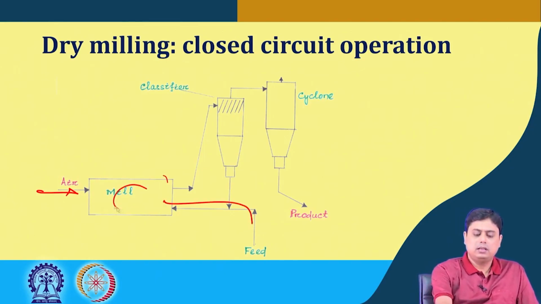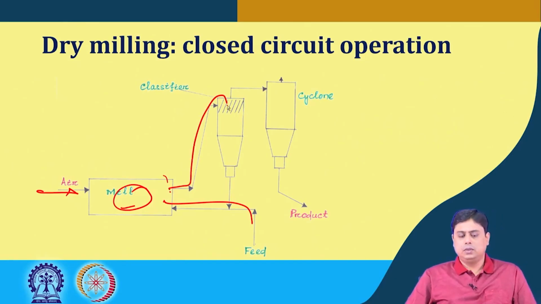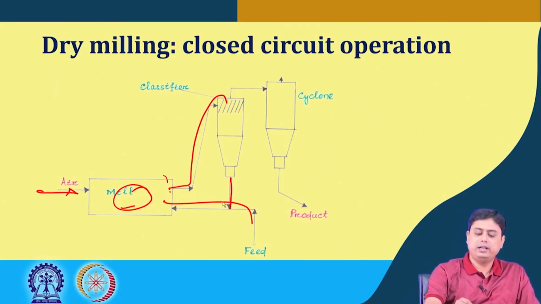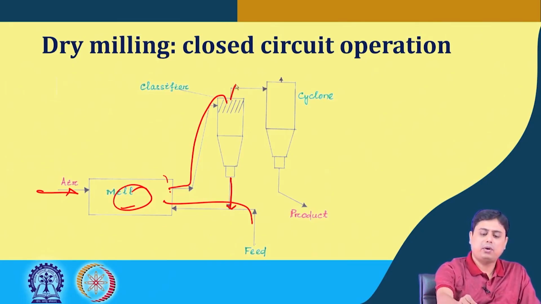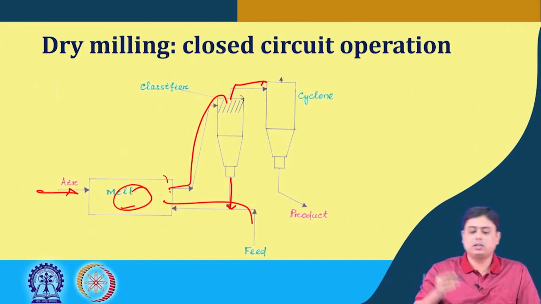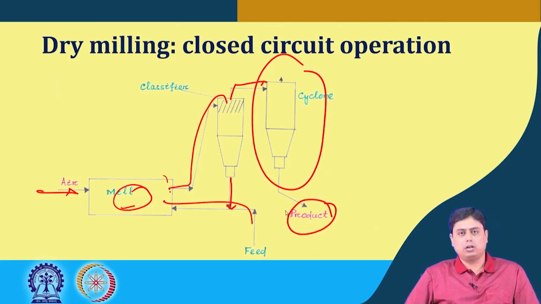It is then ground in the mill or crusher, then it goes to the classifier, where the oversized material comes and mixes with the feed once again, and the finer products, the desired size or smaller products, are classified in a gas cyclone, where we get the desired product.